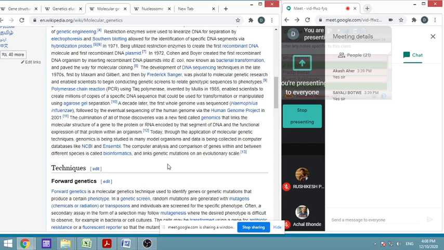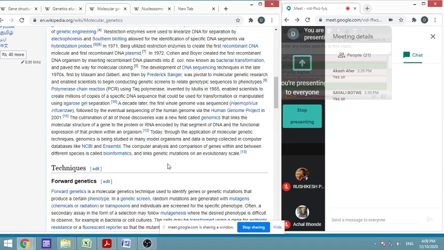The models and comparison of genes within and between different species is called bioinformatics, and it covers the links of genetic mutation. Bioinformatics is able to predict things. So this is a computer-based model: this is the gene structure and this should be the outcome. If something goes wrong, this should be the outcome.